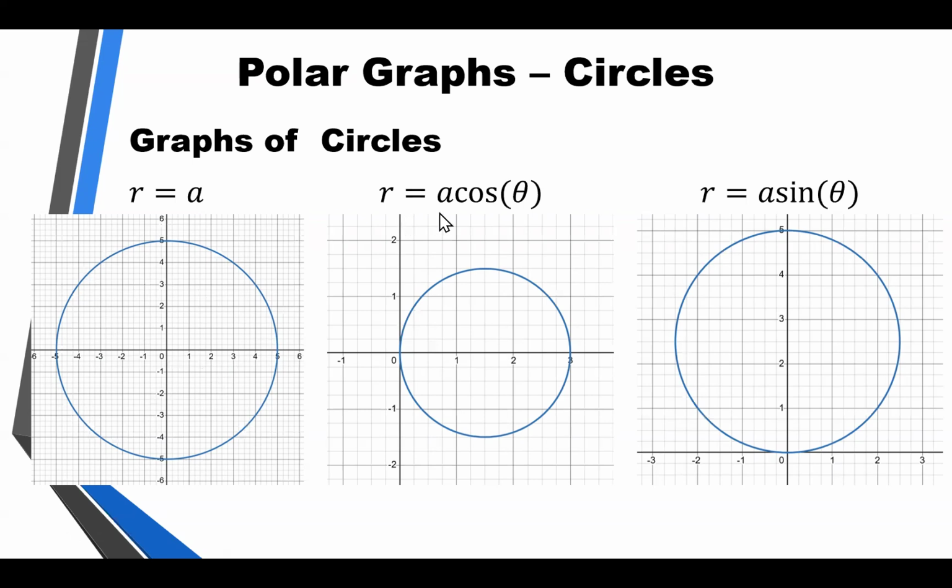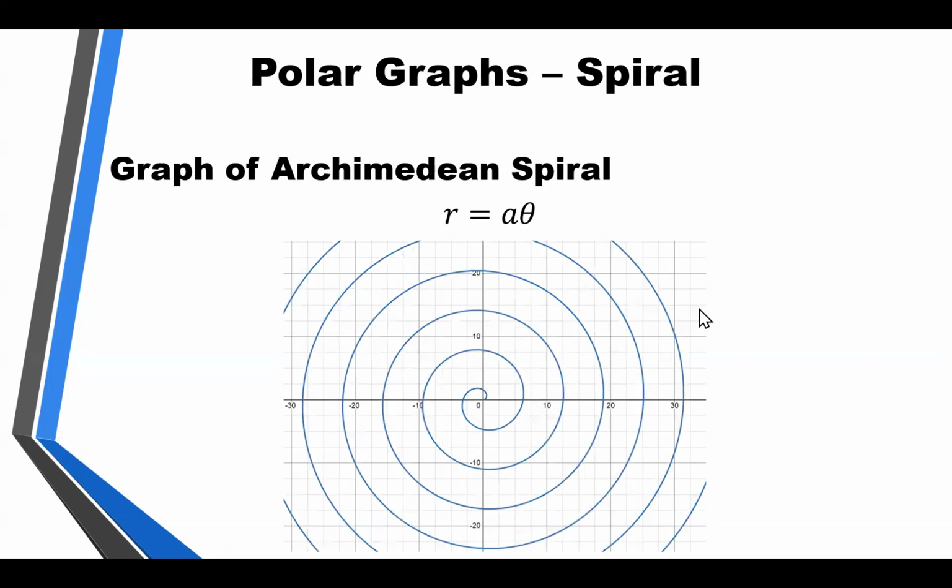We can see r is equal to a times cosine theta will give you a circle laid out along the x-axis. r is equal to a sine theta gives me a circle laid out along the y-axis. And then r is equal to theta, or r is equal to some value times theta, gives you this spiral. That's actually called an Archimedean spiral, from Archimedes, right? So Archimedean spiral, or just spiral.